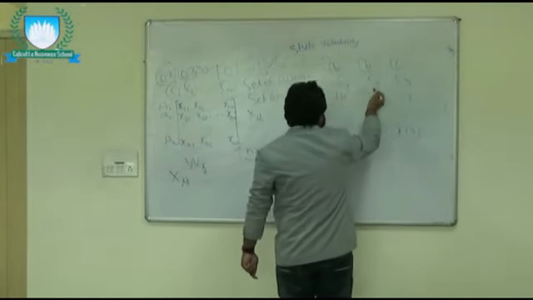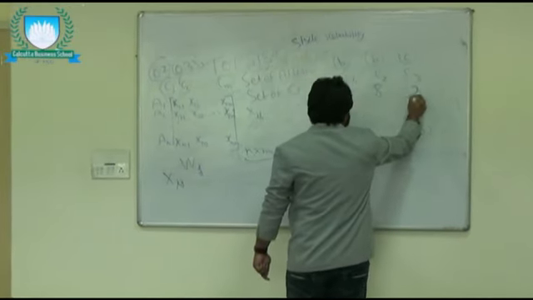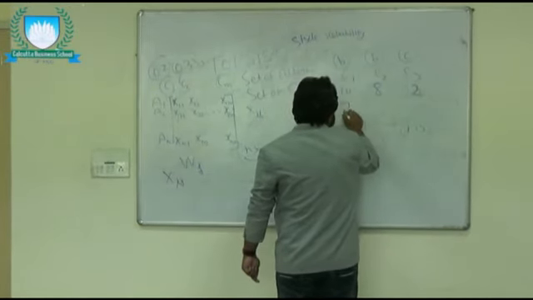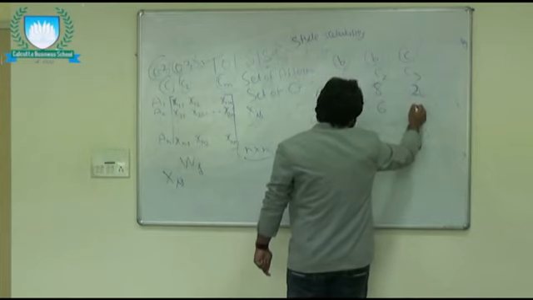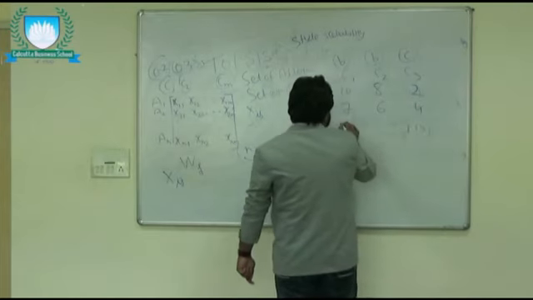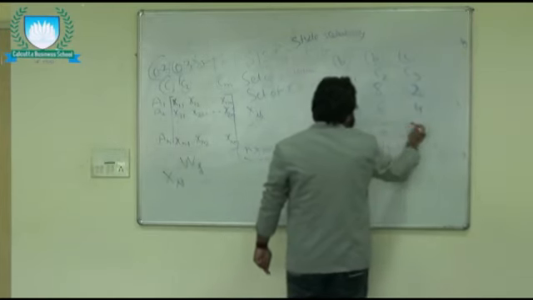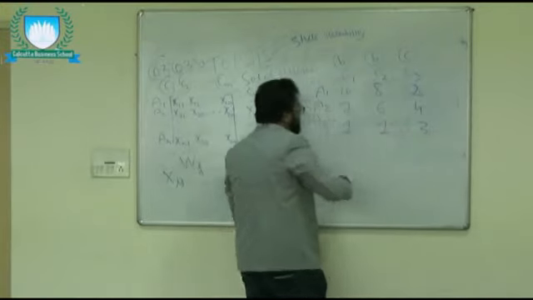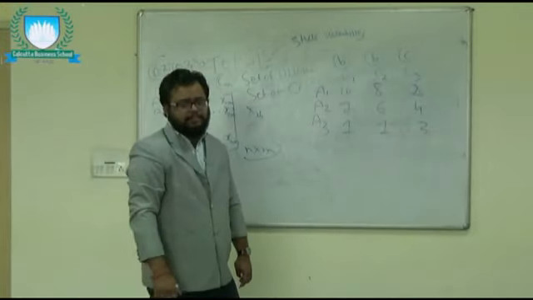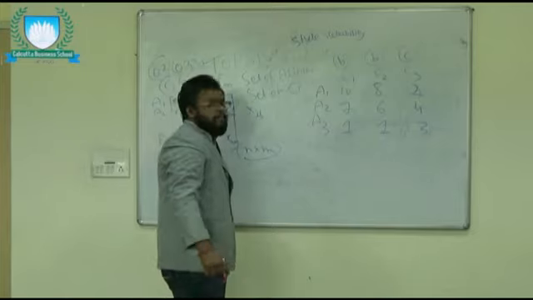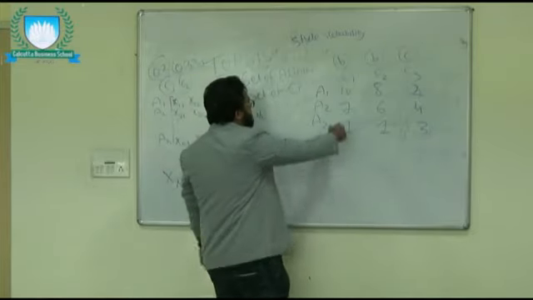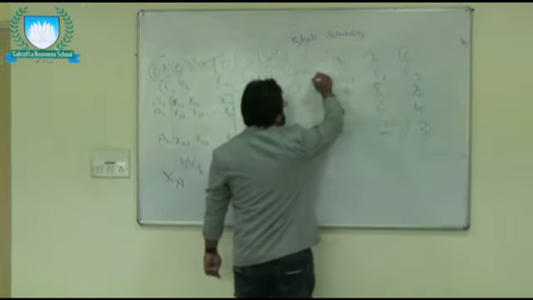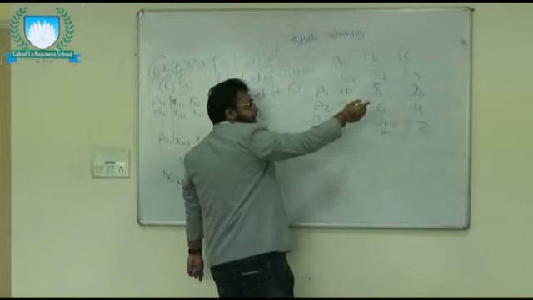Let's say on a scale of 10, the scores are 7, 6, 4, 1, 1 and 3. Let us consider this 3 by 3 matrix, then you can clearly understand.